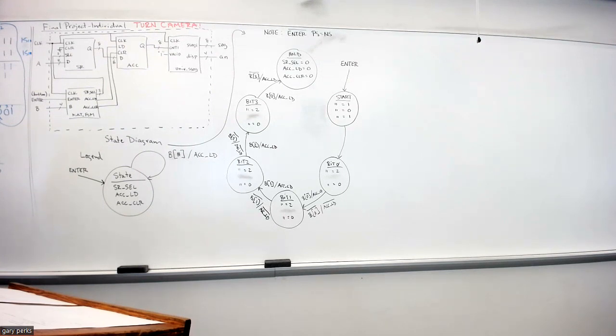But I got a few emails this past weekend, and I could just tell by the way the email was worded that I had a suspicion. I wondered if these people have done a state diagram yet, because they were talking about how to code the FSM, or they had some general questions for lab 6. And sure enough, when I replied back and said, have you done a state diagram yet? They said, oh, we're supposed to do that.